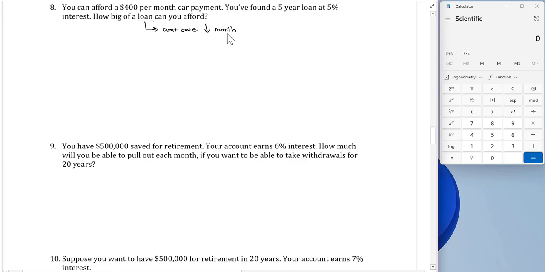If I buy a $20,000 car, the next month I shouldn't owe $20,000, otherwise they call it underwater or over your head. So I'm looking to decrease the amount I owe every month, which means I'm going to look for the formula with a negative exponent.